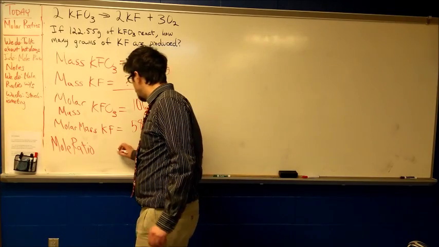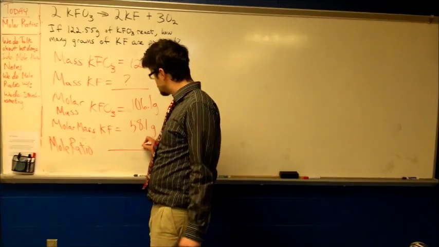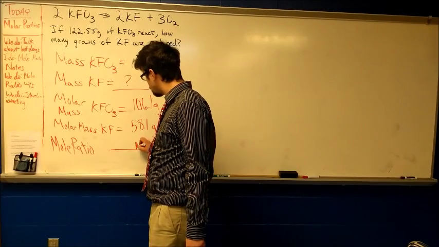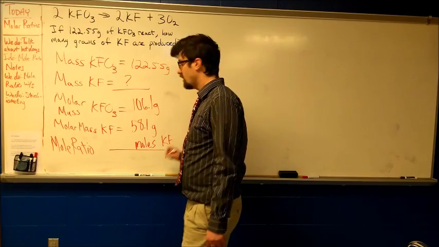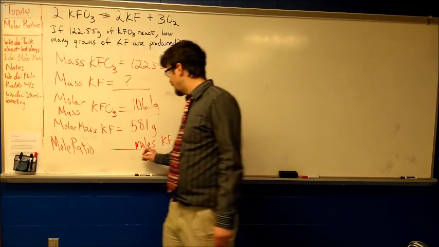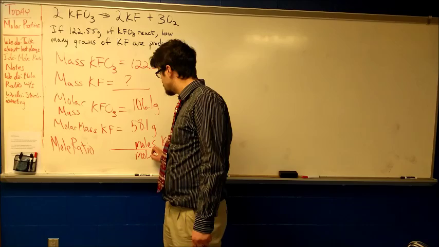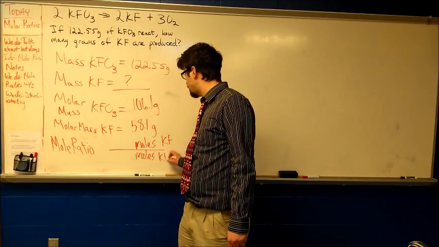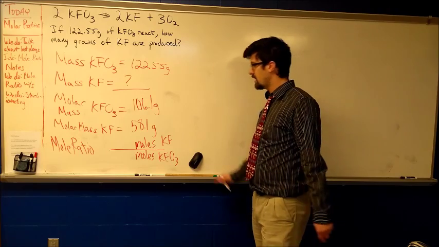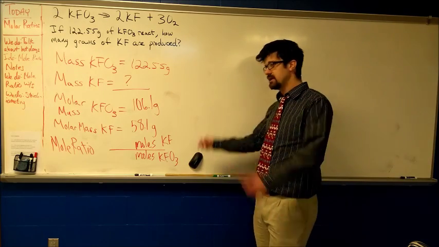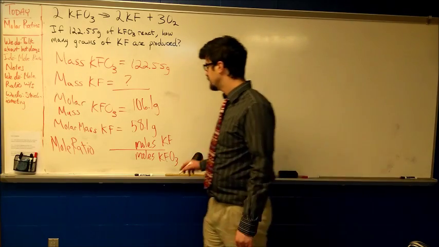If you're looking at your paper, you'll see that you have moles of KF on top and moles of KFO3 on the bottom. I'll explain why it's set up this way later on.